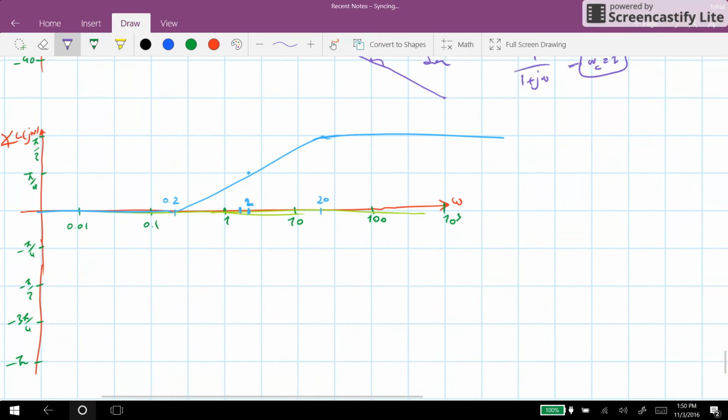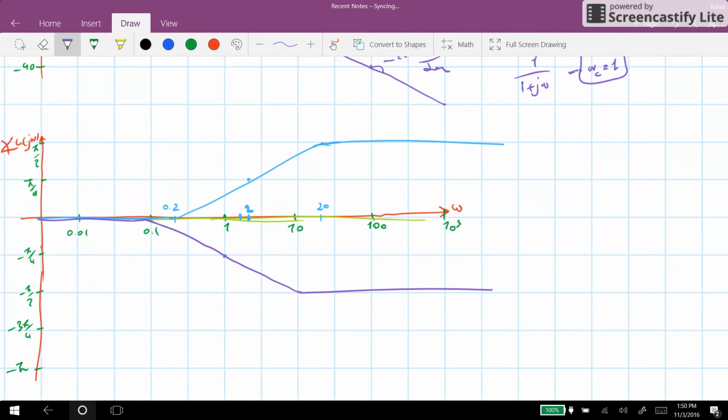In terms of phase, right at the corner frequency, we will have minus π/4. One decade before that, we will have 0, and one decade afterwards, we will have minus π/2. And therefore, this will be the phase plot for that component.